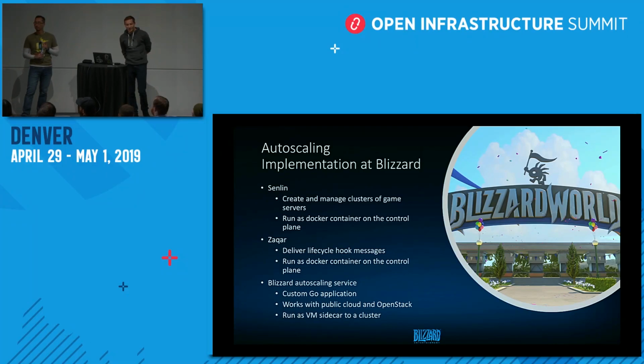The autoscaling implementation at Blizzard consists of Senlin, Zaqar, and then the Blizzard autoscaling service, which is just a custom Go application that is deployed alongside the game cluster, which works with the public cloud and the private cloud and runs alongside every game cluster.